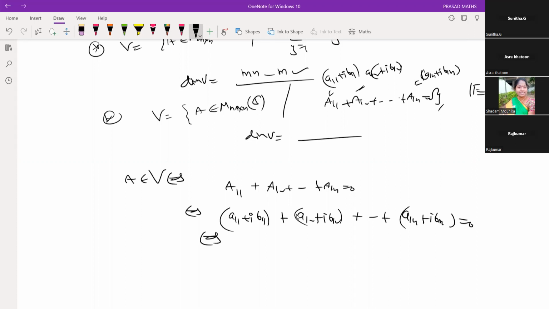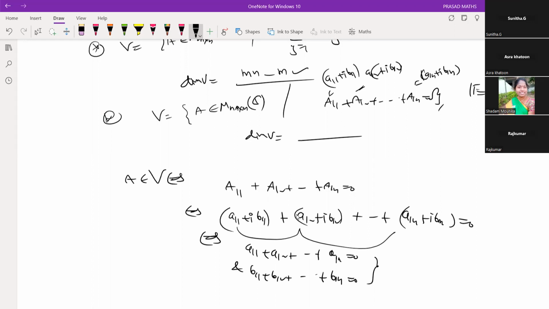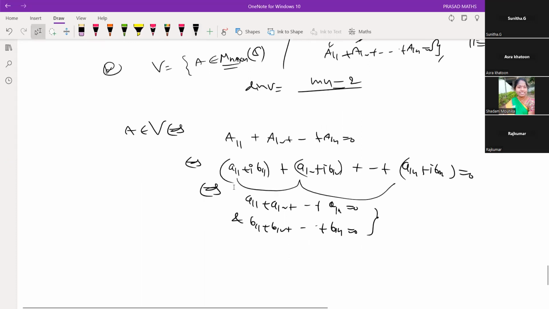That is if and only if the real part sum is 0, that means a11 plus a12 plus a1n is 0. Next, b11 plus b12 plus b1n is 0. Therefore, how many conditions? Total how many variables? Mn. How many conditions? 2 conditions. So subtract them. Therefore, mn minus 2 is the answer. Is it clear? Yes. Okay.